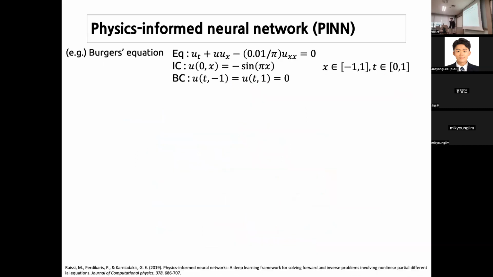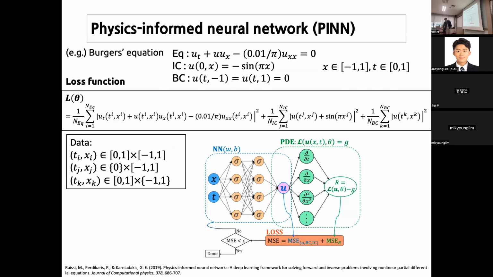I have an example for this one. If we have a Burgers equation like this one, with initial condition and boundary condition, and the domain is -1 to 1 from time 0 to 1, then they can make a loss function like this one. The first term is just the residual term of this equation at each grid t_i and x_i, which is sampled in this domain.